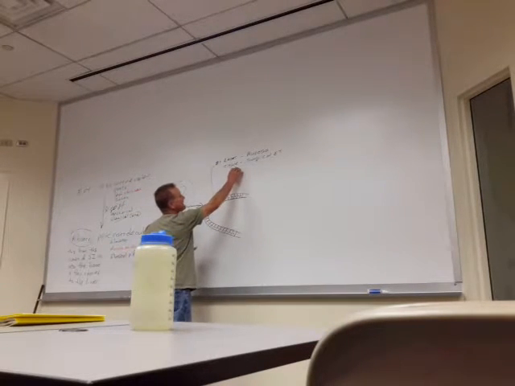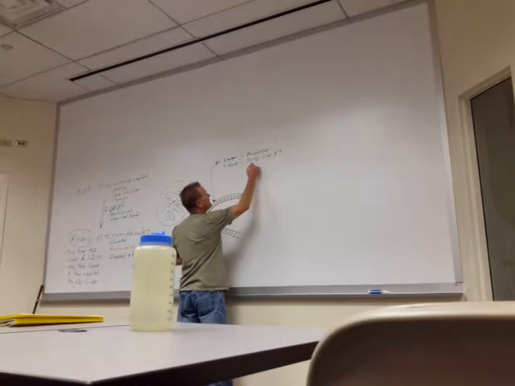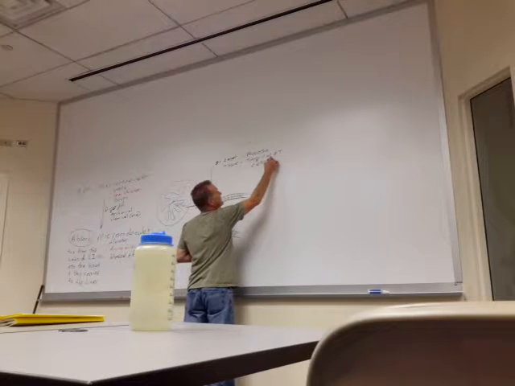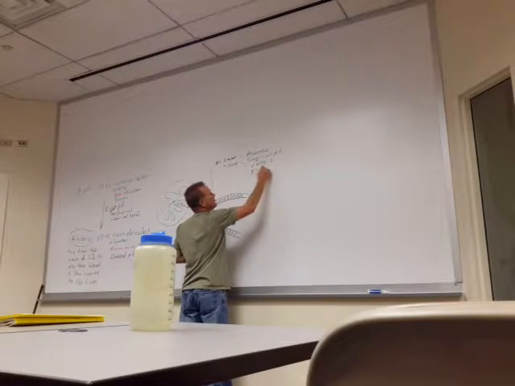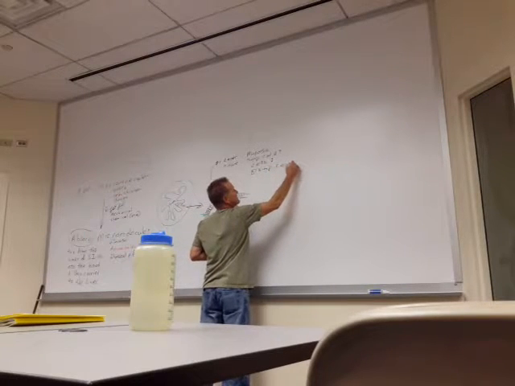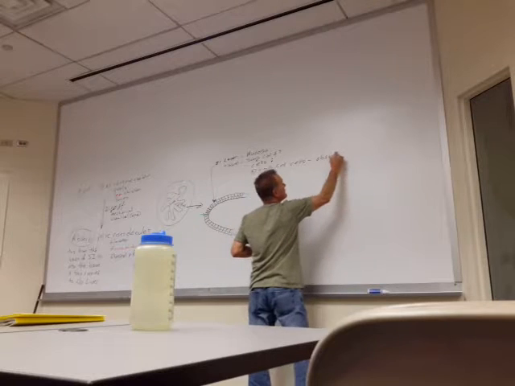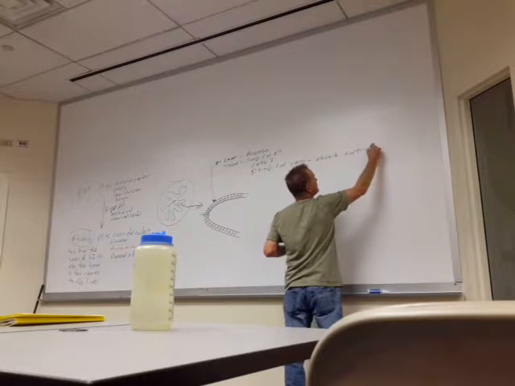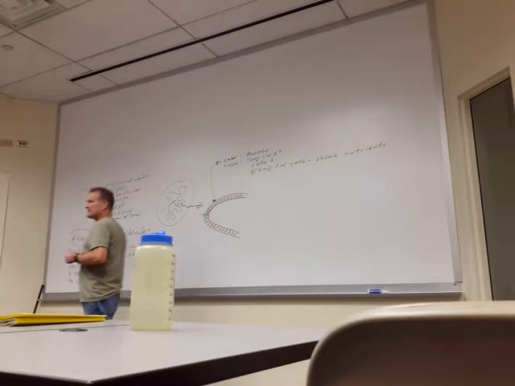There are at least three distinct types of cells in that simple columnar. So we have the simple columnar cells, and their function is to absorb the nutrients.